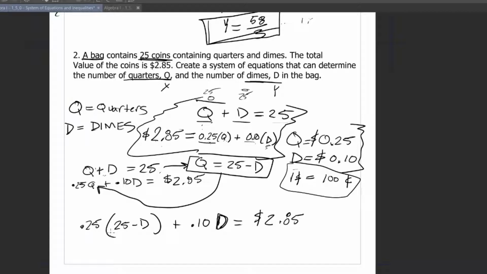Okay, and if we wanted to solve for this, we get 25 times 0.25, so that's going to be 6.25. So this goes here. This also goes here. Minus 0.25 D plus 0.10 D equals 2.85. And then you just solve for D from there, right? We have 6.25 here.